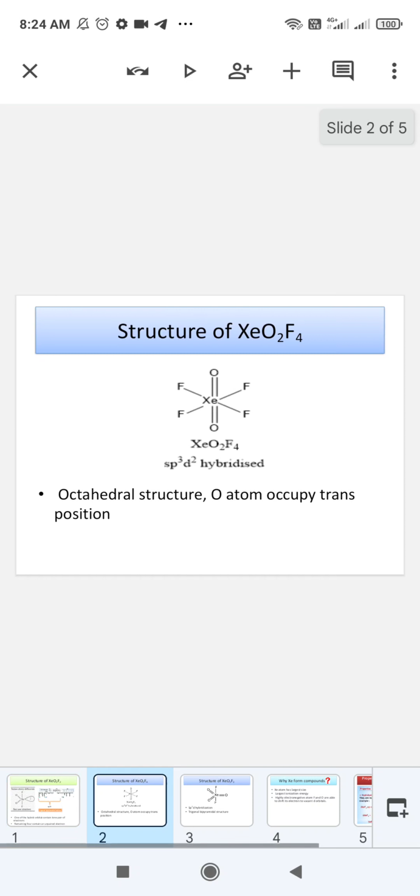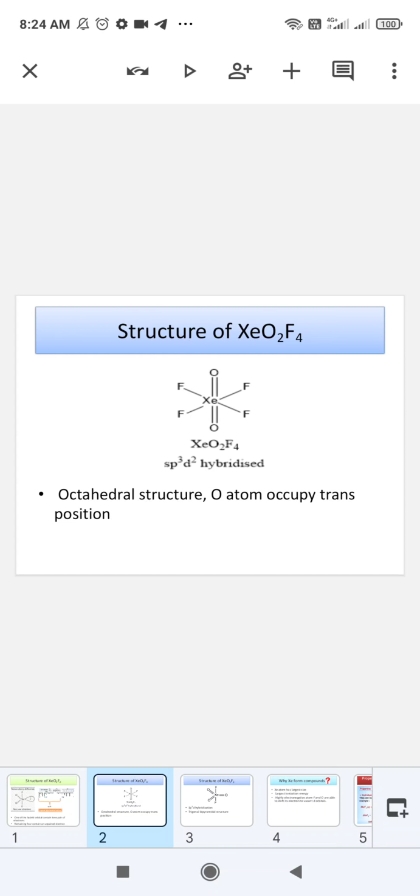Now we have to discuss the structure of XeO2F4. As we discussed earlier, xenon forms an octahedral structure in which the oxygen atoms occupy the trans positions of the octahedral geometry. And see here, the hybridization in XeO2F4 is sp3d2 hybridization.